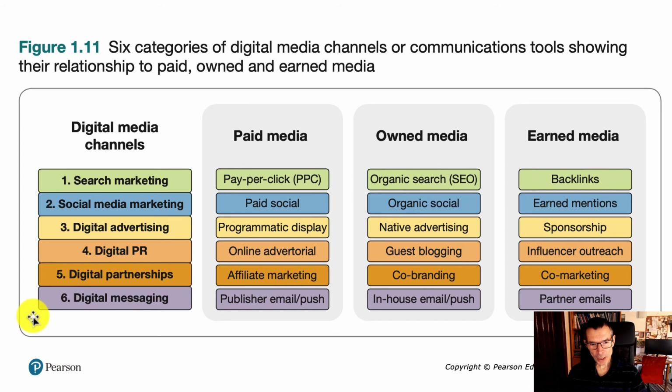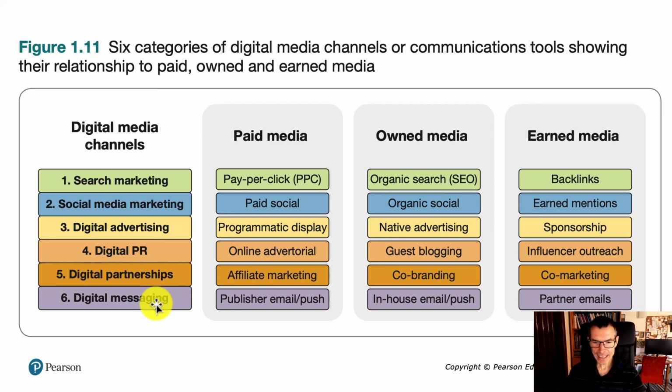So the final of our 6 channels is digital messaging. This was originally called email marketing, but these days there's a lot more options, particularly with mobile. So you've got mobile push notifications, you've got SMS still, of course, and then you've got messaging that can occur within the website itself in real time, and live chat might be an example of that.